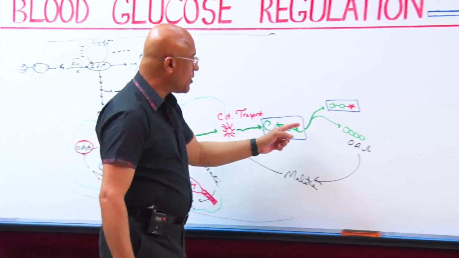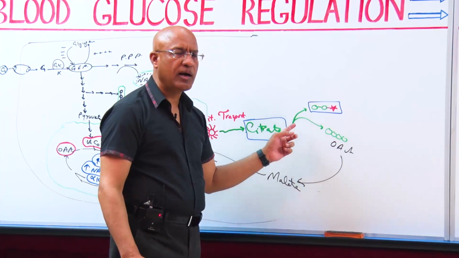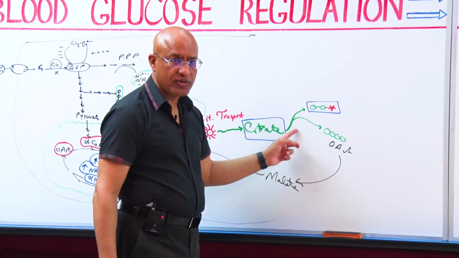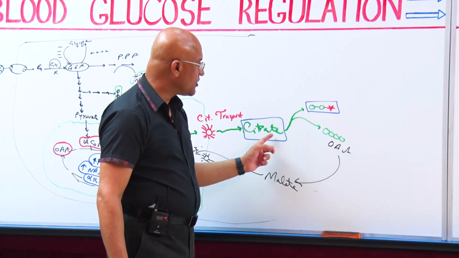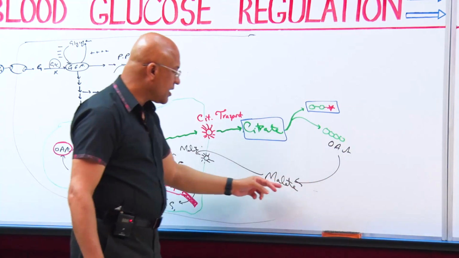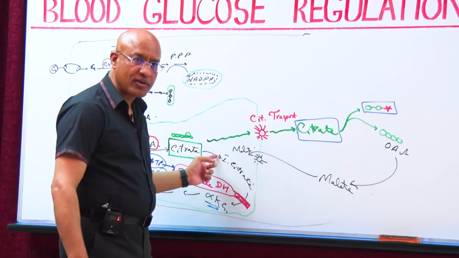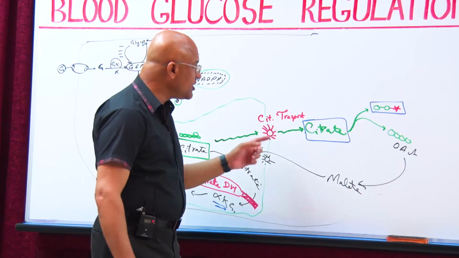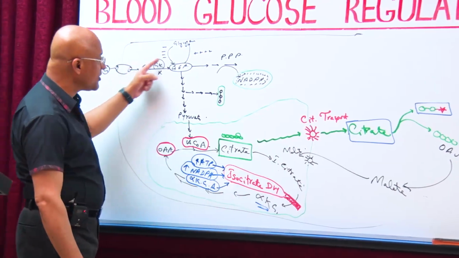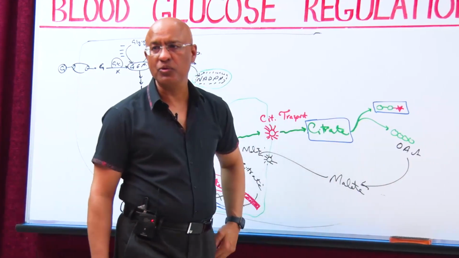This citrate was broken down by a special enzyme, not so important, called citrate lyase. That enzyme breaks down the citrate into acetyl-CoA and oxaloacetate. Oxaloacetate goes back by taking the cover of malate and re-enters the mitochondria. In this way, more and more glucose is coming and more acetyl-CoA is going to cytosol.